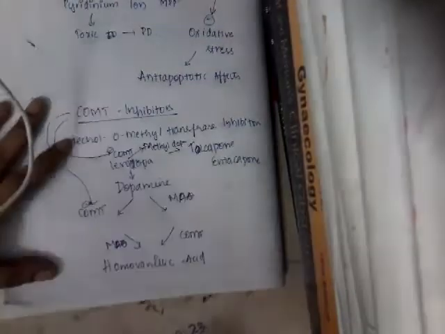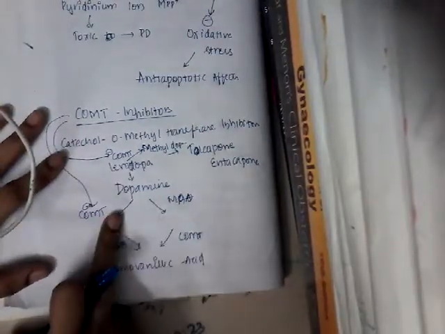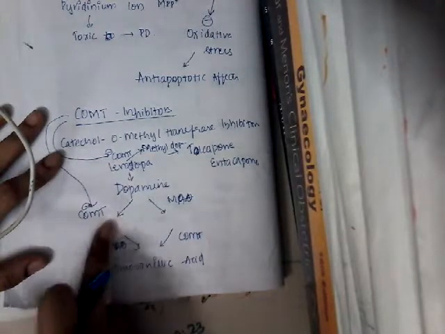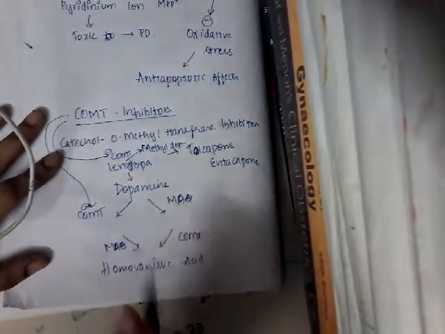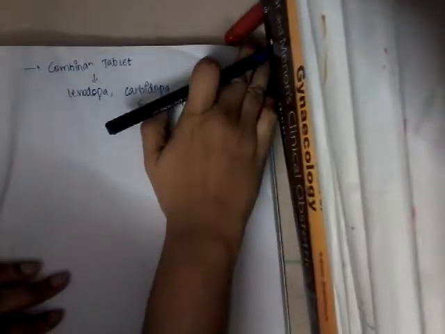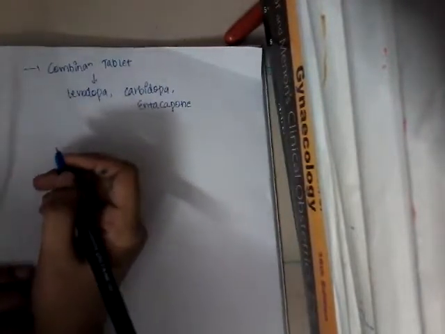So these COMT inhibitors also inhibit the metabolism of levodopa. If you give COMT inhibitors along with levodopa, the action of levodopa is increased, right? So this is the tablet which is always given. This is really good. What are the side effects?